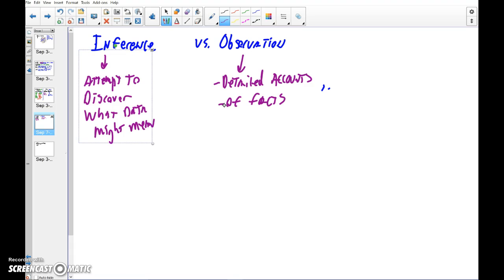I'm attempting to discover what that data, what those facts, what those observations mean. Okay? Inference versus observation is a key idea. When you're doing observations, you're only concerned with facts, with what is something. When you're dealing with an inference, you're concerned with what a fact might let us know. Okay?